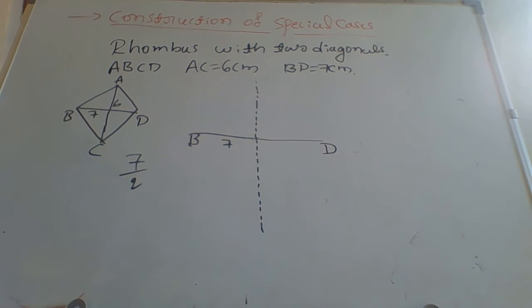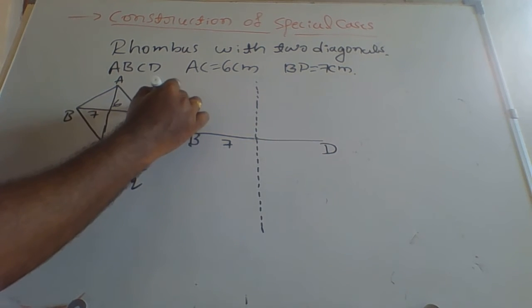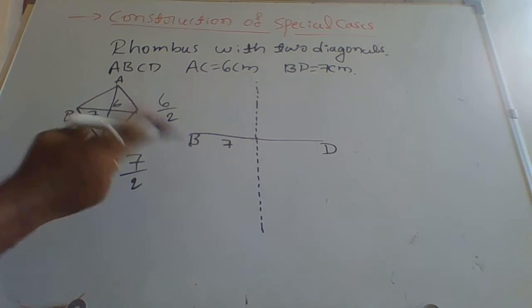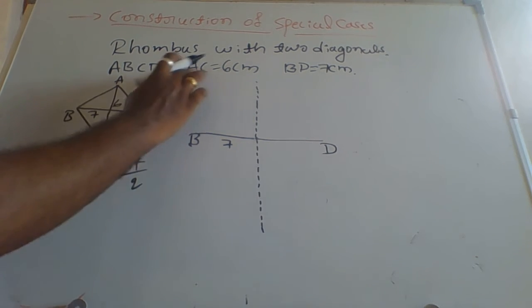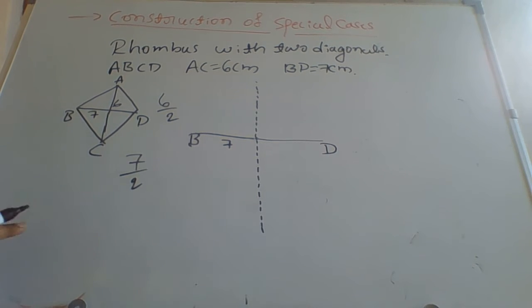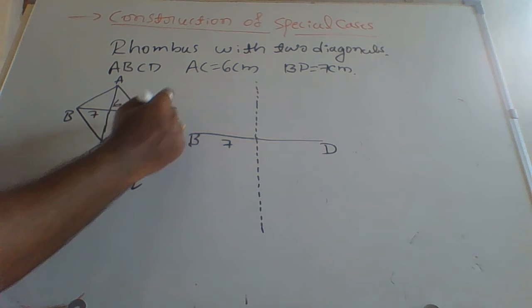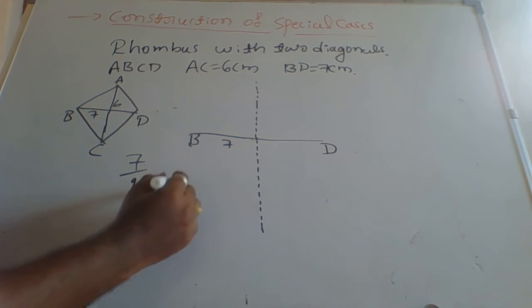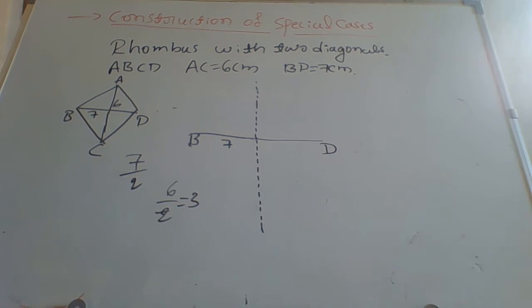AC is 6 centimeters, but when it is bisected by BD it is divided into two parts, so 6 by 2 means 3.